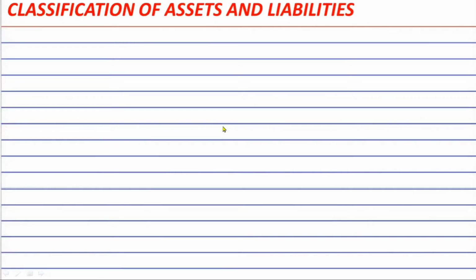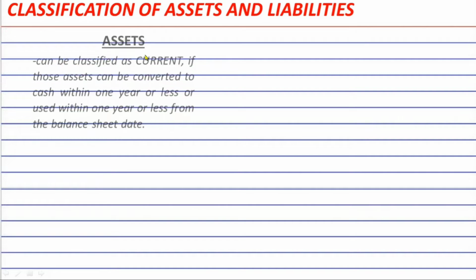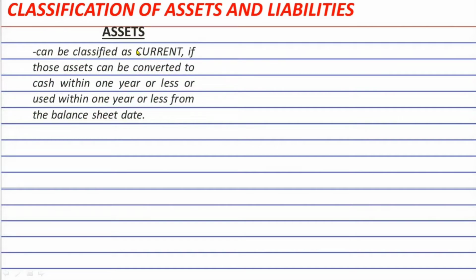So, how to classify assets and liabilities? In your basic accounting days, you have always been taught that assets and liabilities can be classified into current and non-current.